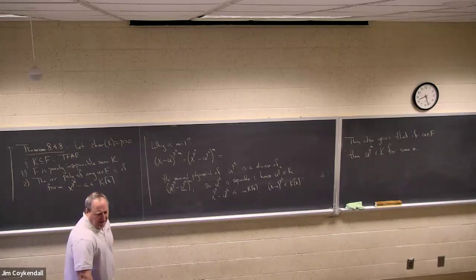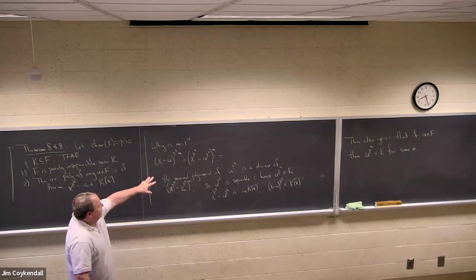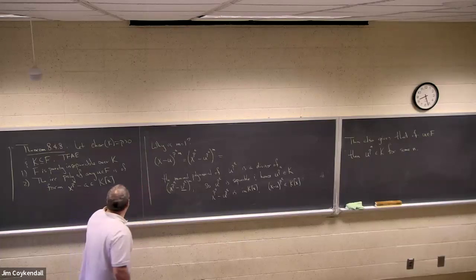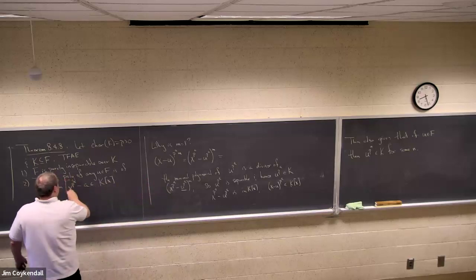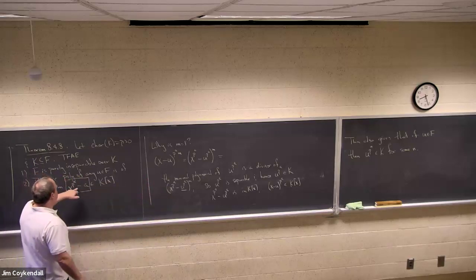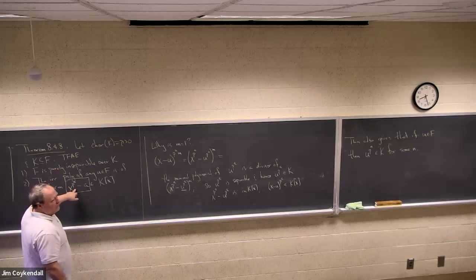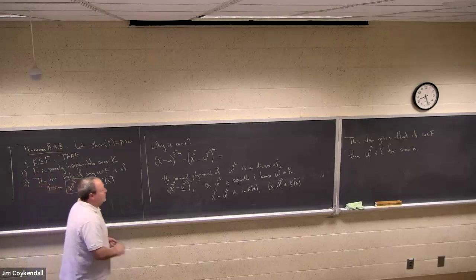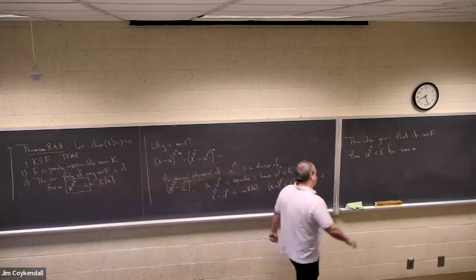So what we're going to see is that a purely inseparable extension has this very nice form. If you have an element of a purely inseparable extension, it's got a very nice form of its minimal polynomial.